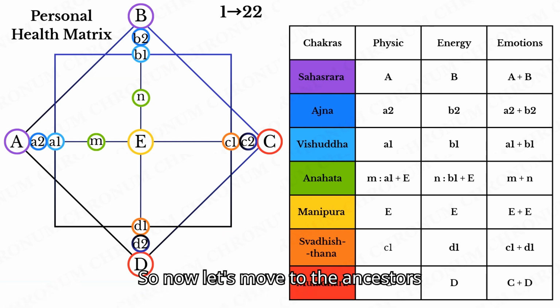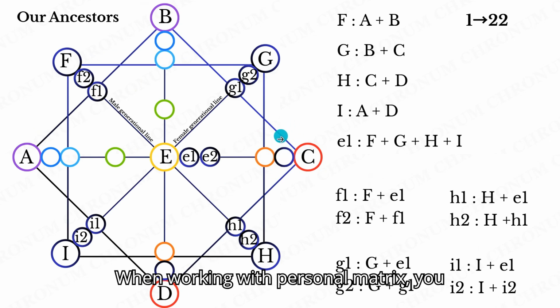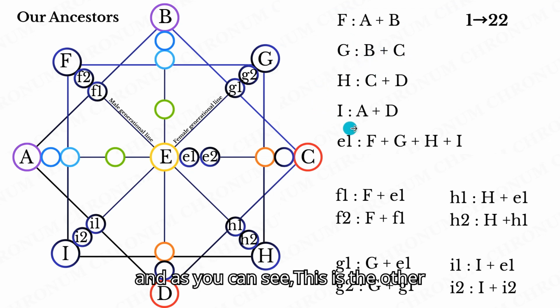So now let's move to the ancestors matrix. When working with the personal matrix, you can work in parallel with the ancestor matrix. We calculate 4 additional points: F, G, H, and I. F is the sum of A plus B, G is the sum of B plus C, and as you can see, this is the other part.